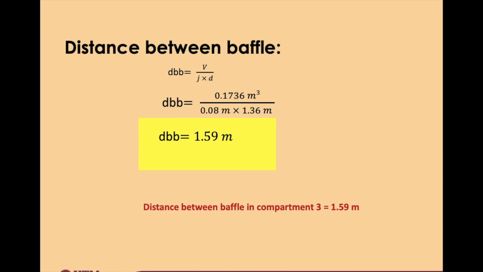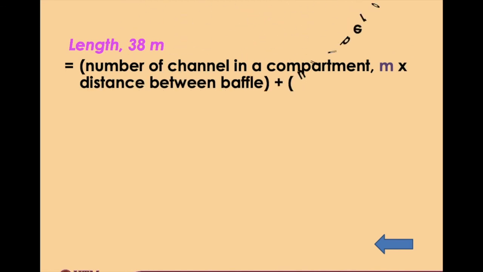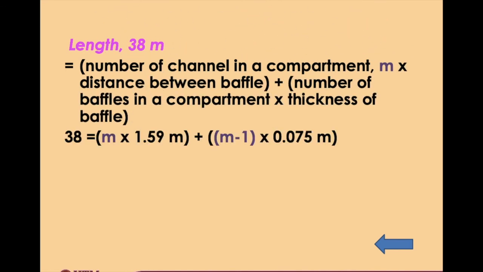Okay. Therefore, doing this for the last time to find out the number of channels. Now the distance between baffles has changed again, and it is 1.59 meters. So we solve this equation, and we will obtain a value of M to be 22.9 or 23.